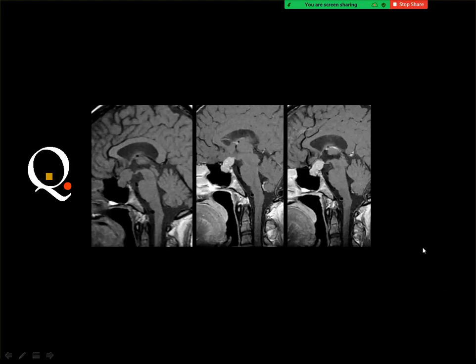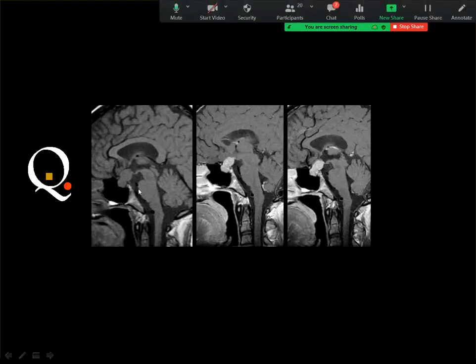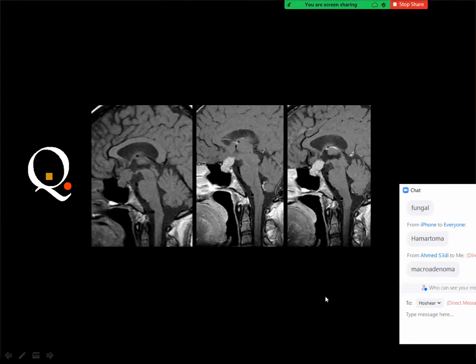Then this is a classic lesion in the region of the pituitary gland, which results in a slight enlargement of the pituitary gland, but significant enlargement of the pituitary stalk when the stalk and the gland are together enhanced.